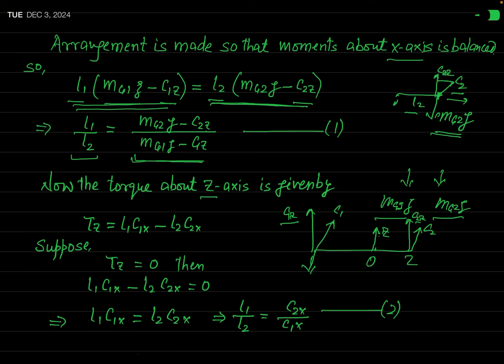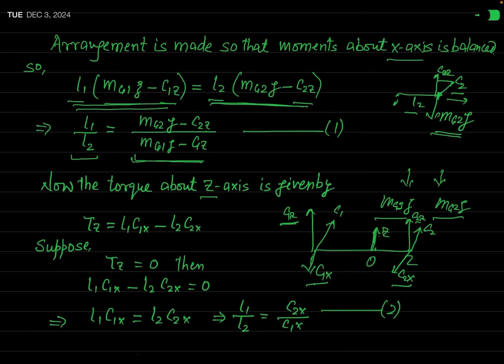If we consider that the x component of C1 is C1x and the x component of C2 is C2x, then these components are perpendicular to the z-axis, and the torque of C1 and C2 about the z-axis will be constituted only by their x components, because the torque due to the z components of C1 and C2 about the z-axis will be 0.